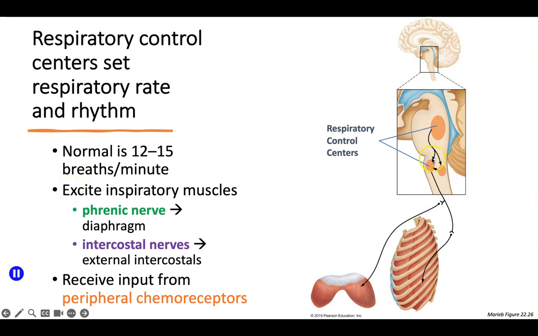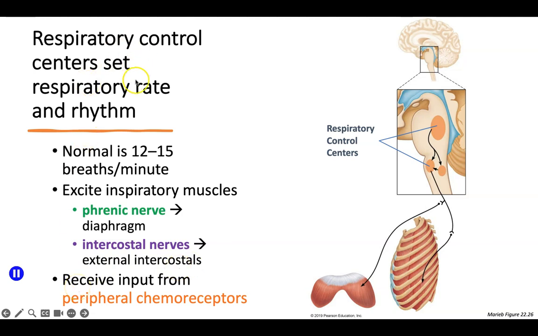And these centers are going to regulate breathing by exciting the inspiratory muscles. So, for instance, the phrenic nerve is the peripheral nerve that innervates the diaphragm. This is going to be the nerve that contains the motor neurons that excite the diaphragm and cause the diaphragm to contract. The intercostal nerves innervate the external intercostal muscles and cause them to contract.